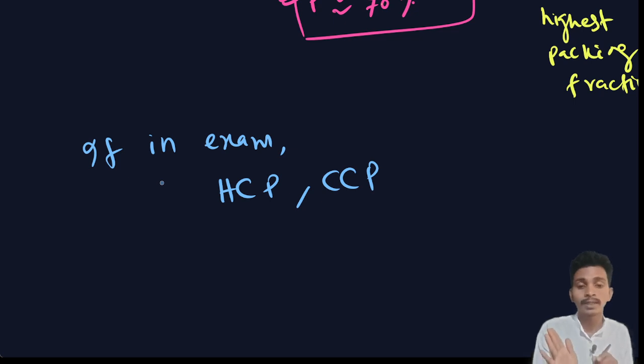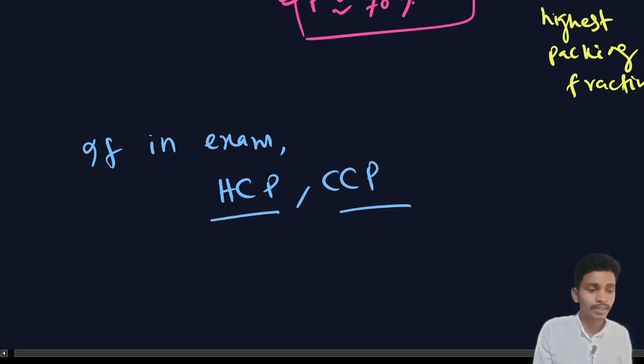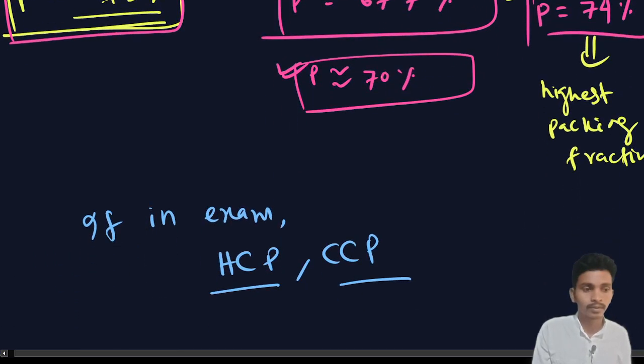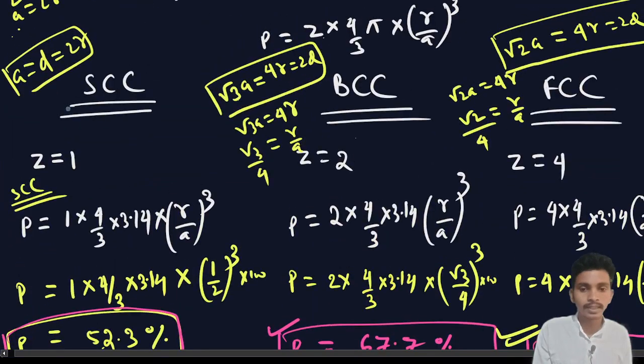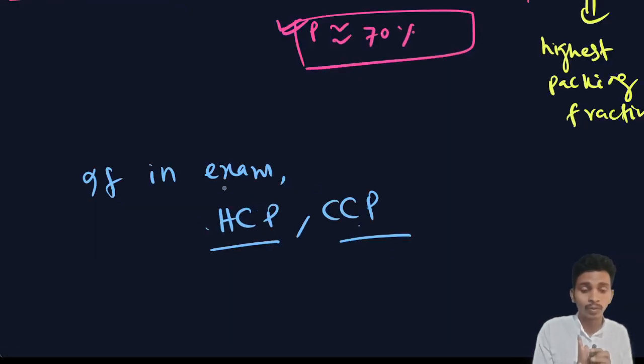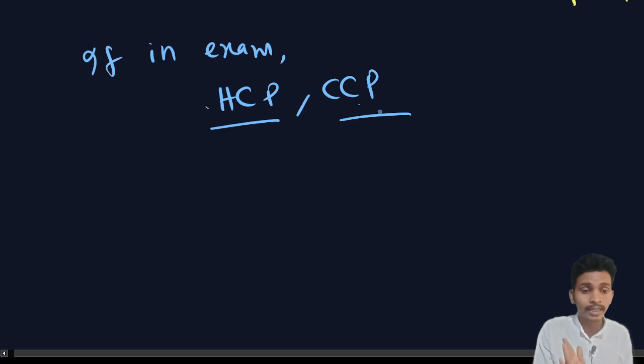We have not studied the packing fractions of HCP and CCP, we have studied only these three cases, that is SCC, BCC and FCC. We may think of leaving it, but note that HCP and CCP have the same packing fraction as FCC.